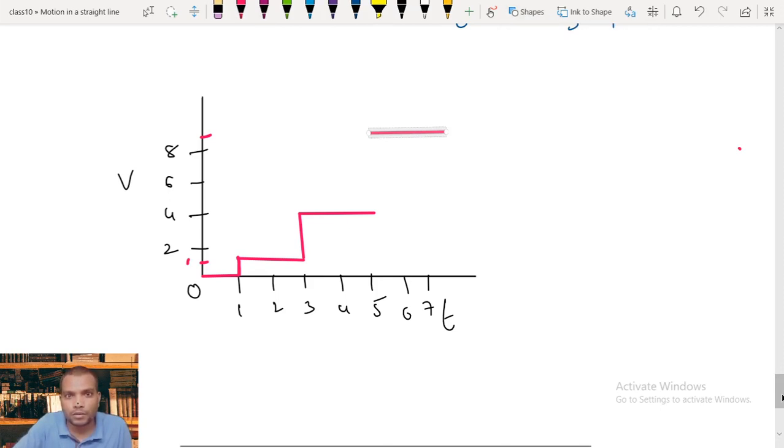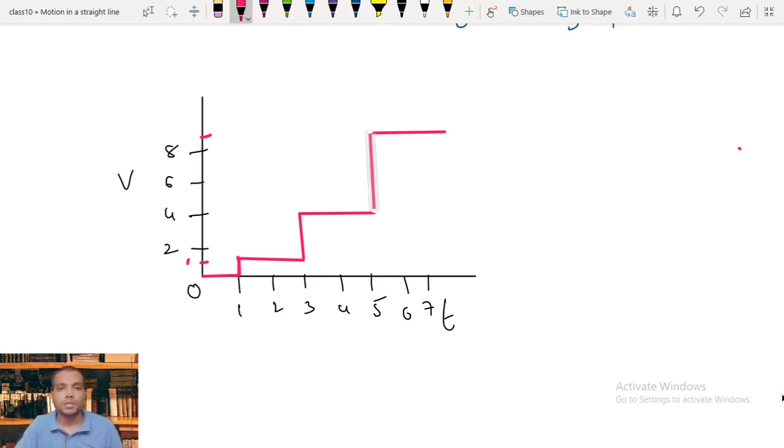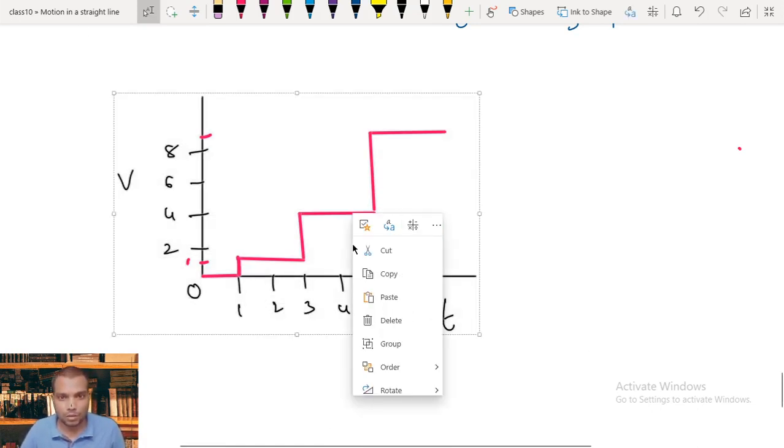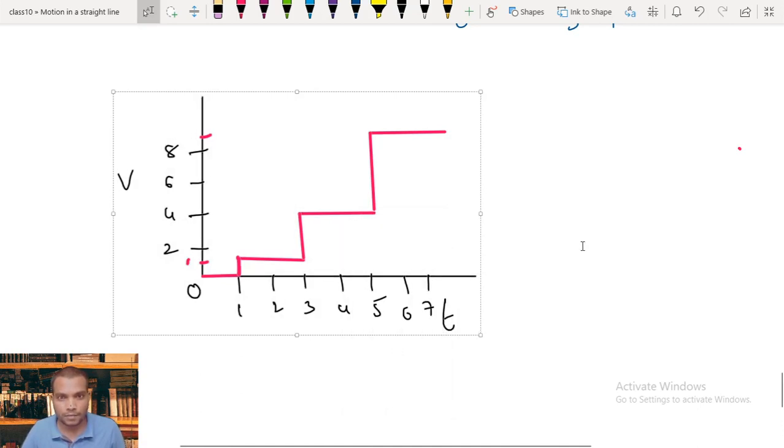Now I need to fill this vertical line like this. It's just like a step. Now finally I can conclude. Let me make it a group so it won't go away. So this is the velocity time graph.